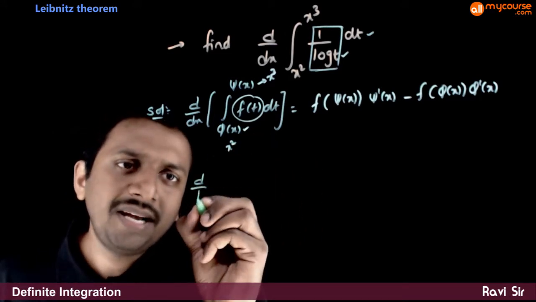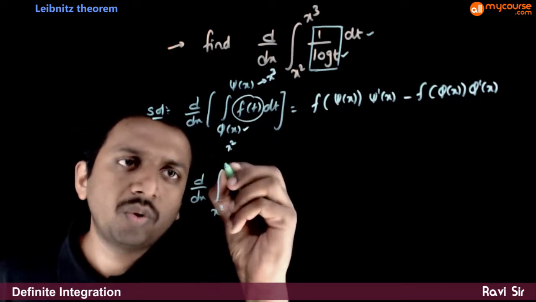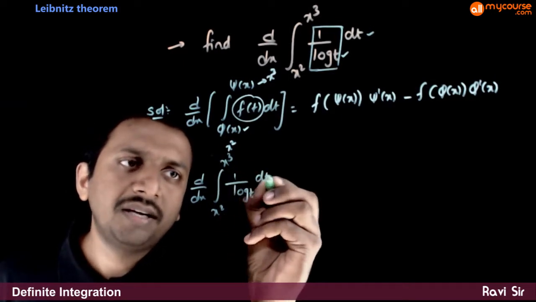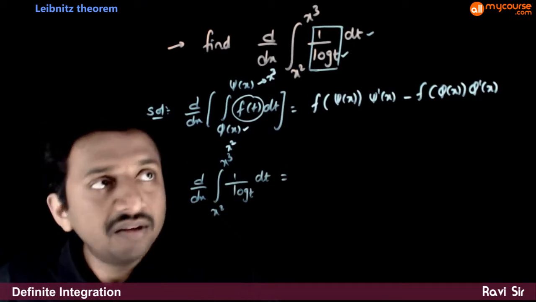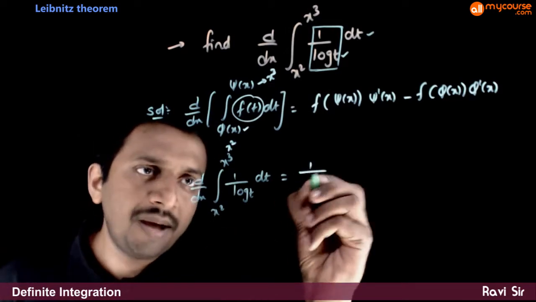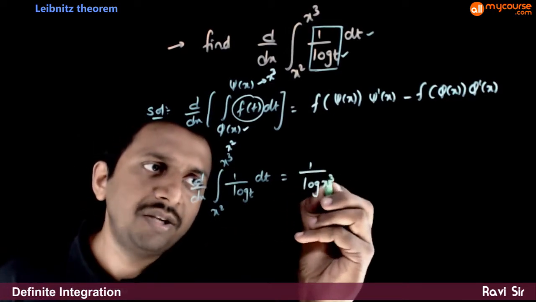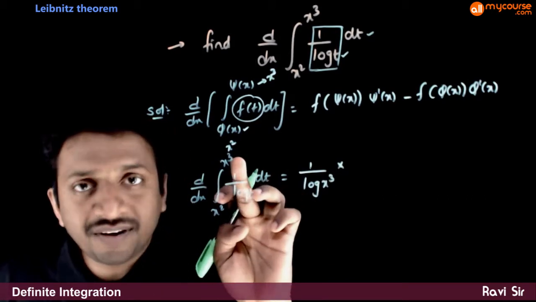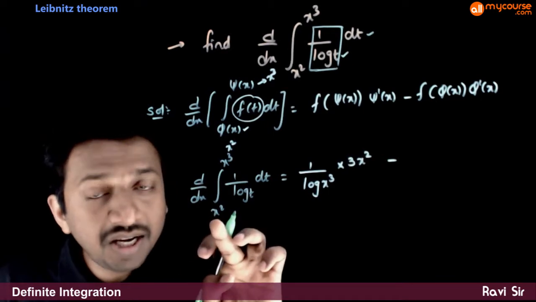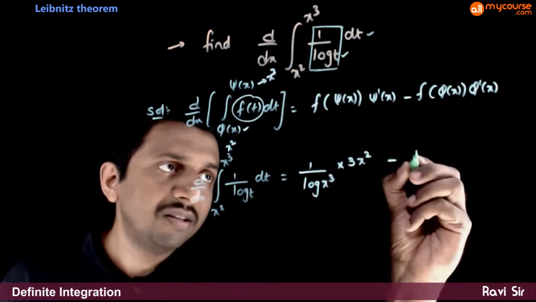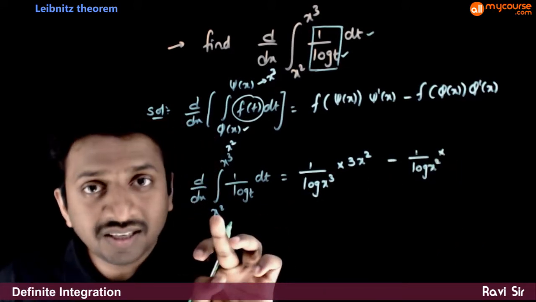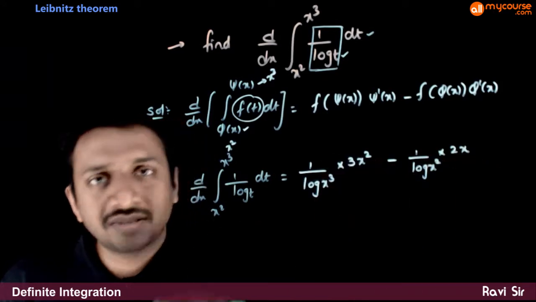So d by dx of integration x squared to x cubed 1 by log t dt is equal to, first you need to put the upper limit in the place of t, that is 1 by log x cubed times the differentiation of the upper limit is 3x squared minus, next you need to put the lower limit in the place of t, that is 1 by log x squared times the differentiation of x squared is 2x.